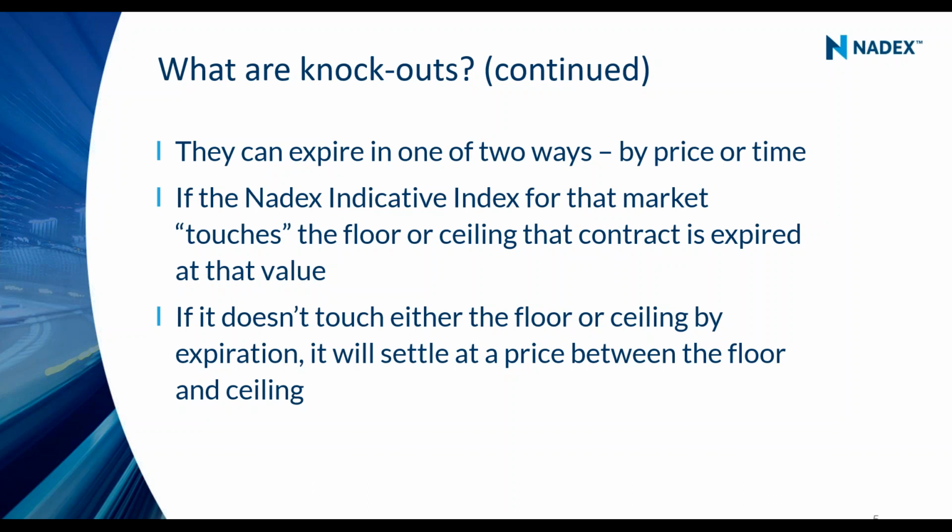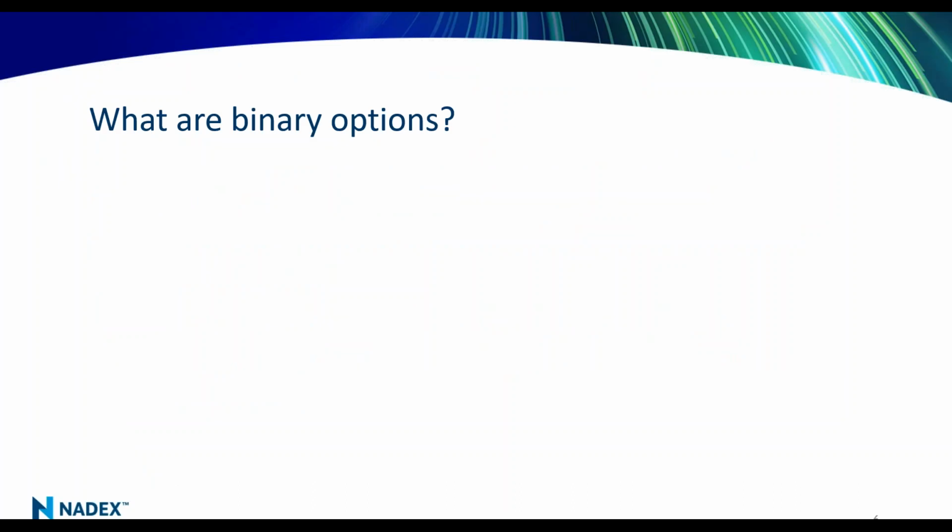And if at the end of the week it hasn't touched either the floor or the ceiling, we will settle it at a final price at expiration. And your potential profit or loss would be the difference between where you bought or sold it and where it settled. And again, I will go through examples and show you. It makes a lot more sense when you see it, but I do like to explain this up front.